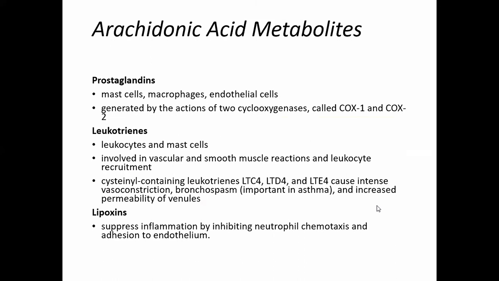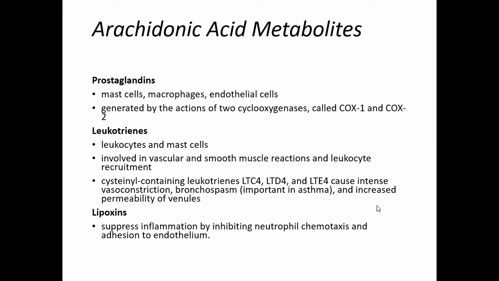The leukotrienes are produced in the leukocytes and the mast cells by the action of lipoxygenase, and are involved in the vascular and smooth muscle reactions and leukocyte recruitment. There are three different lipoxygenases, and 5-lipoxygenase is the predominant one in neutrophils.